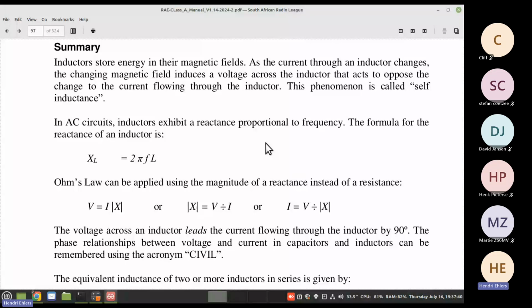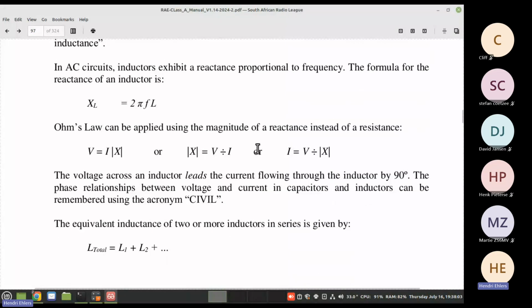So that is called self-inductance. We did see it just now. In an AC circuit, inductors exhibit a reactance proportional to frequency. That's the formula for the reactance of the inductor. It will be on your formula sheet.